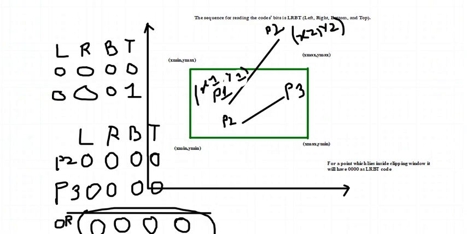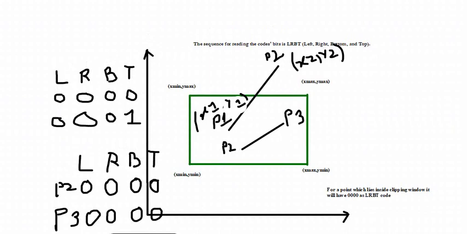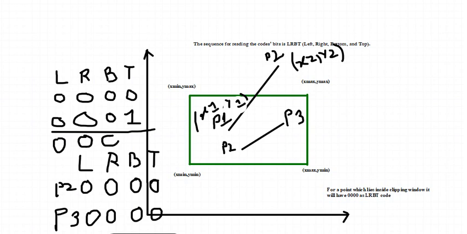just have a look at our previous line, that is line P1 and P2. Will the result of logical OR be all zeros? No. If you perform the logical OR between the LRBT codes for point P1 and P2, it is going to be 0, 0, 0, 1.